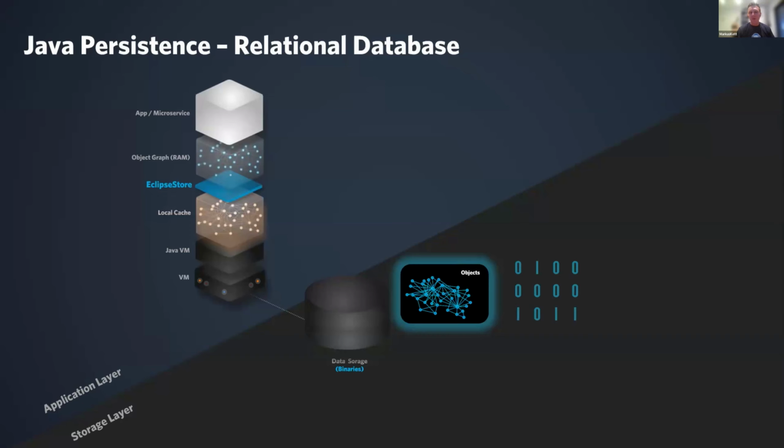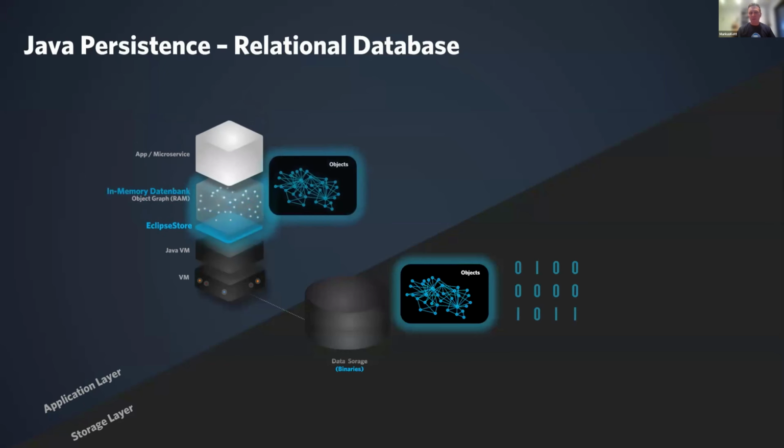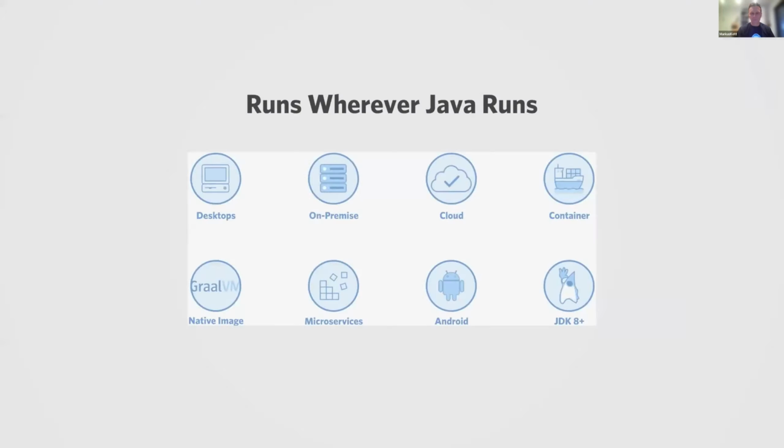We keep data in memory, which means we don't need a local cache anymore. So we can skip the local cache, and here we can see the architecture gets simpler. You can skip the complexity of local cache configuration and so on. All data are stored in a binary format, persistently in the data storage, and it can be stored in any binary data storage.